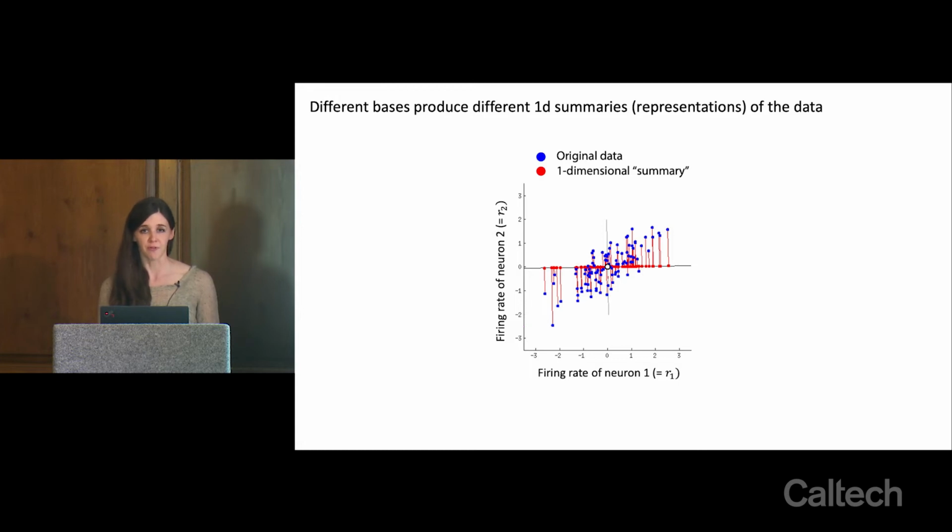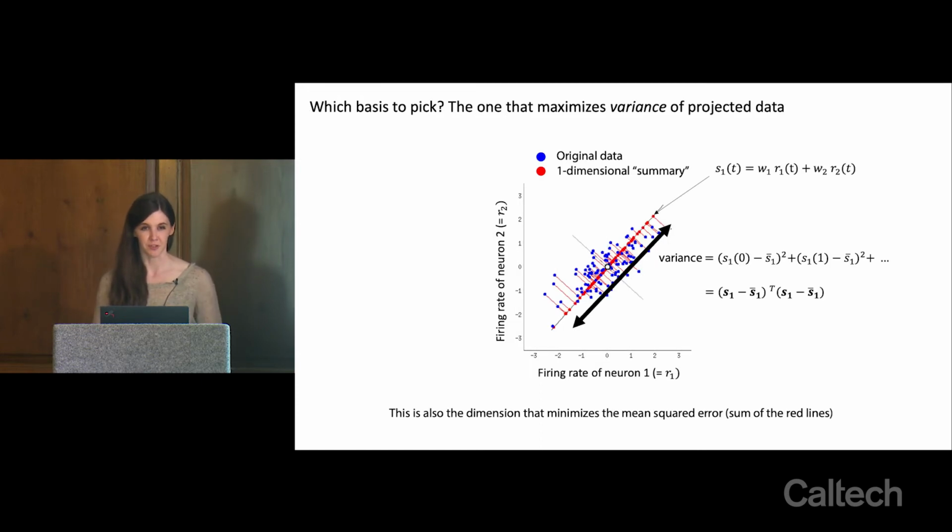When you're performing principal component analysis, you're picking very specifically the dimension that maximizes the variance of the projected data. So you're picking your potent dimension, your S, such that you're maximizing the variance of points along this dimension. We can define the variance in terms of the distance of each projected point from the mean of the projected points, and get this equation for the variance of the data set.